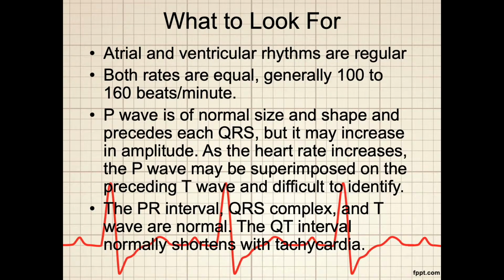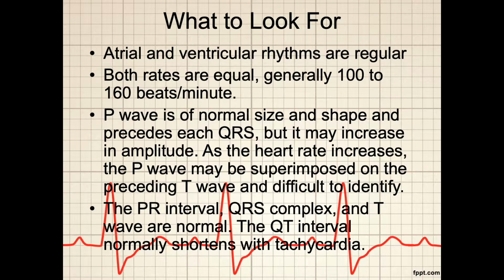So, on the rhythm strip, you should look to see that the atrial and ventricular rhythms are regular, that both rates are equal and are usually between 100 to 160 beats per minute, and that the P wave is of normal size and shape and precedes each QRS, but it may increase in amplitude. As the heart rate increases, the P wave may actually be superimposed on the preceding T wave, and that may start to make it difficult to identify.